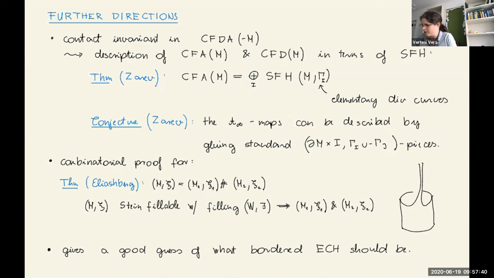Here on the bottom you have the three-manifold, and over every point you have the surface, the open book surface, and here you just have a surface cross interval.